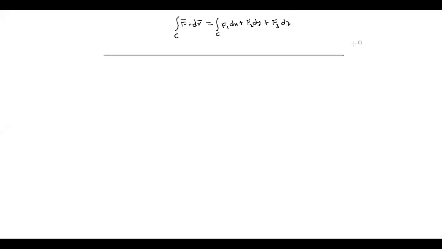You ask whether the field is conservative or non-conservative. F bar is a conservative field, or F bar is a non-conservative field.